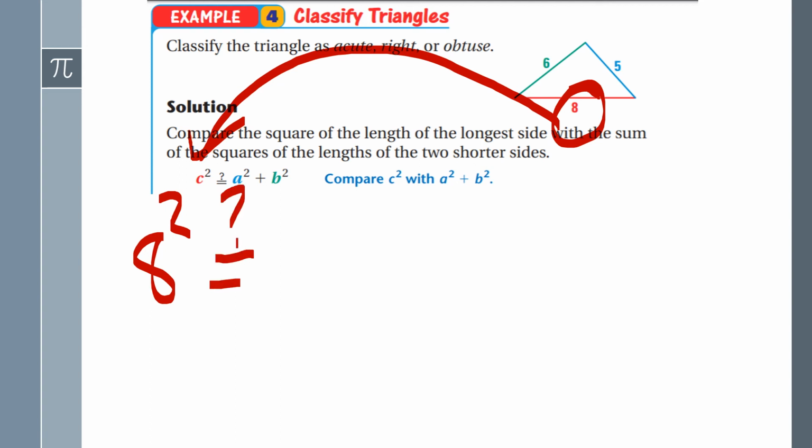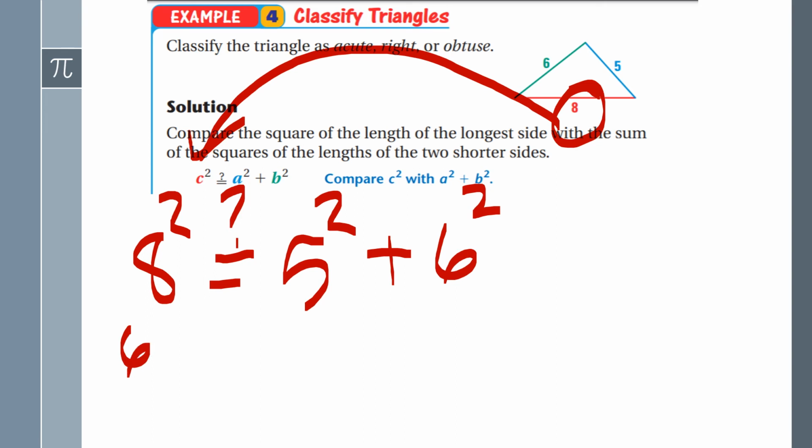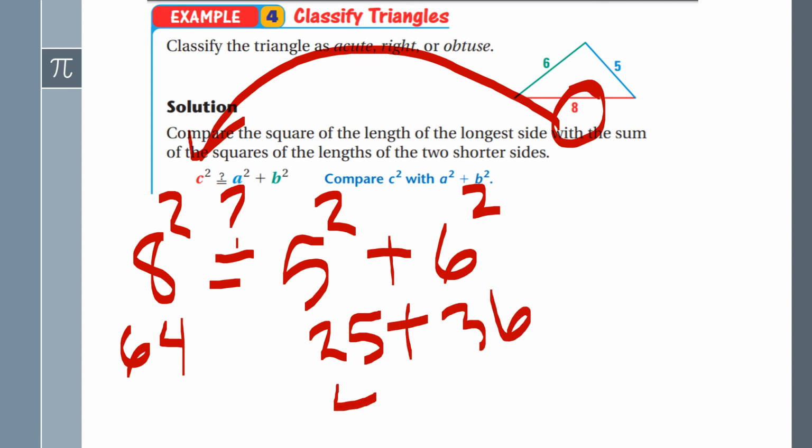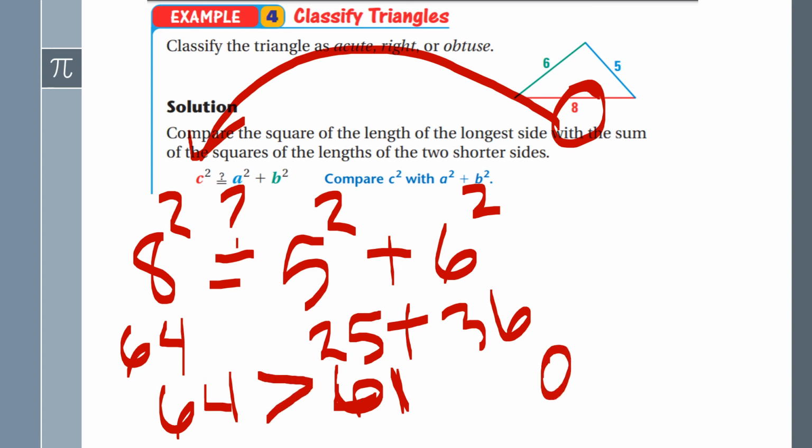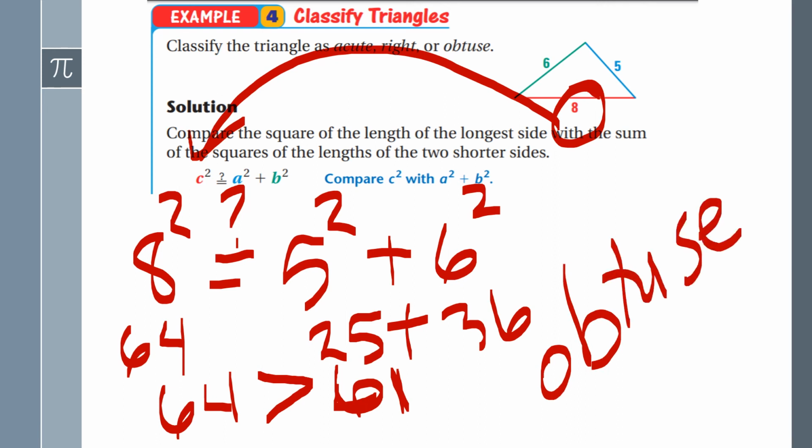So we're going to take 5 and square it and add that to 6 squared. 8 squared is 64. 5 squared is 25, and 36 is 6 squared. Add 36 to 25, you get 61. We want to compare 64 to 61. 64 is greater than 61. This is an obtuse triangle.